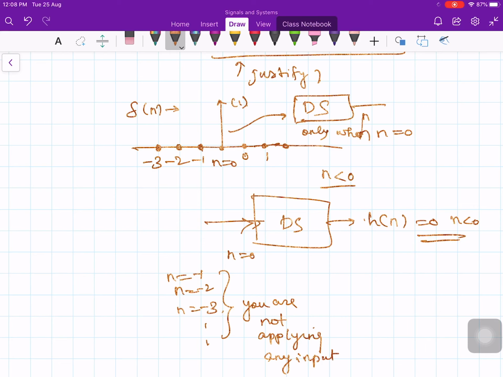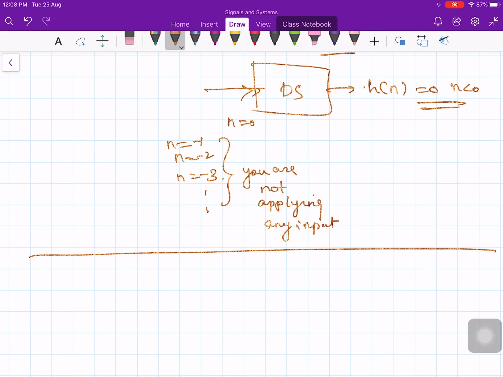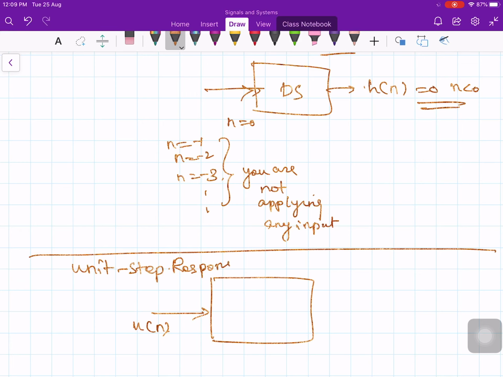Okay. Similarly, for the same digital system, you apply the input. Now the input is u of n, unit step input. Now this time it is called a unit step response. Now the output is denoted by s of n, for a discrete time system.